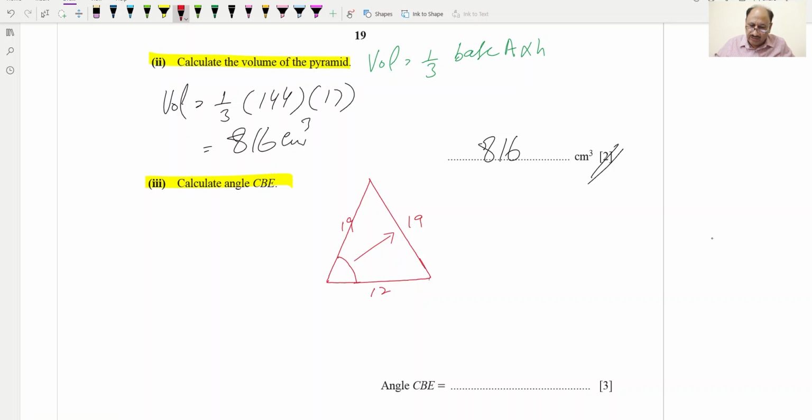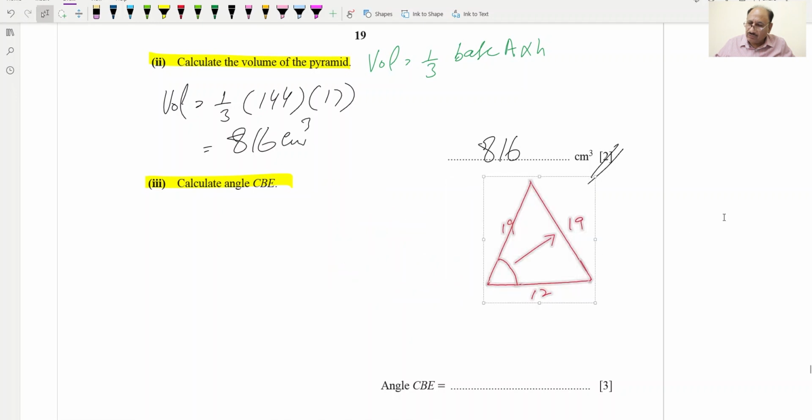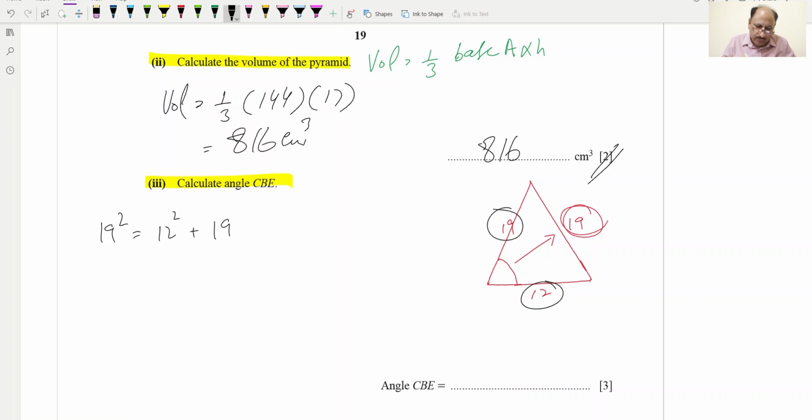When we have all three sides and we need one angle, we apply the cosine rule. So when we apply the cosine rule, the opposite side squared, we can write 19 squared is equal to one side squared, which is 12 squared, plus the other side squared, which is also 19 squared, minus 2 into one side into the other side, which is 19, into cos of the angle, which is CBE.